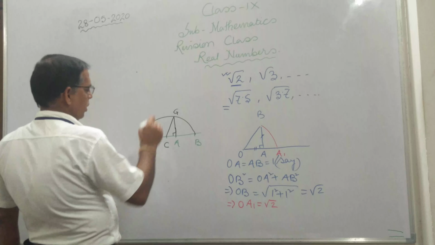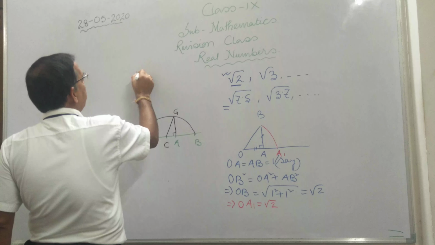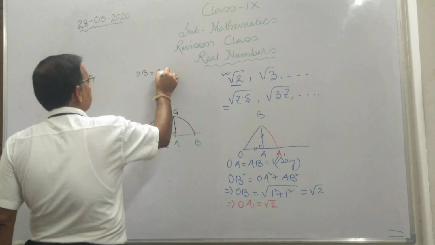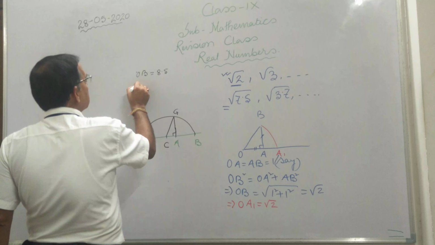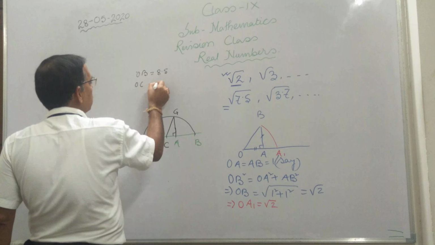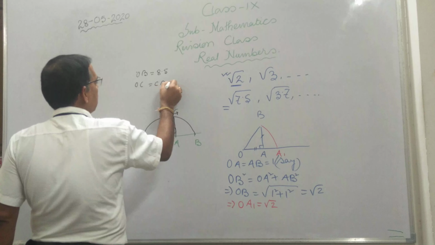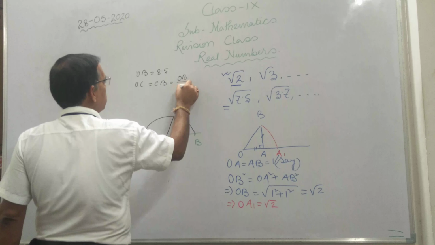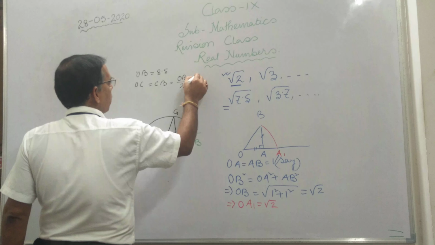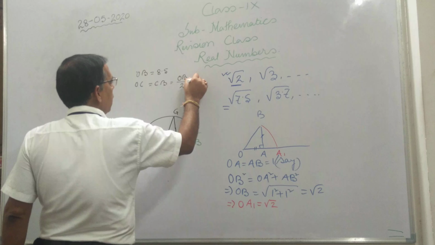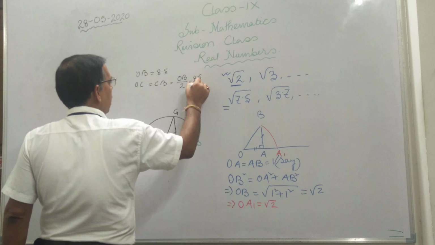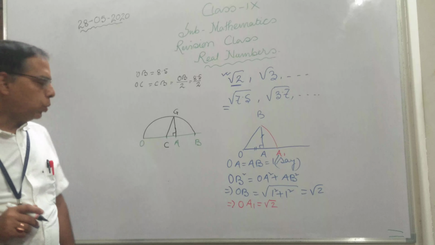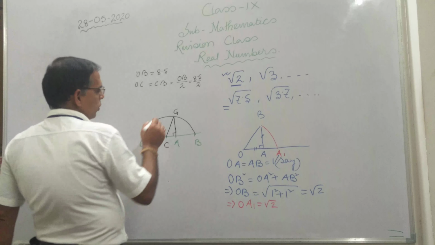We have written that OB equal to 8.5, then OC equal to CB equal to OB by 2. That means it is 8.5 by 2.